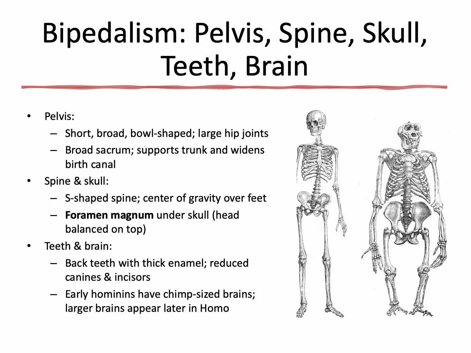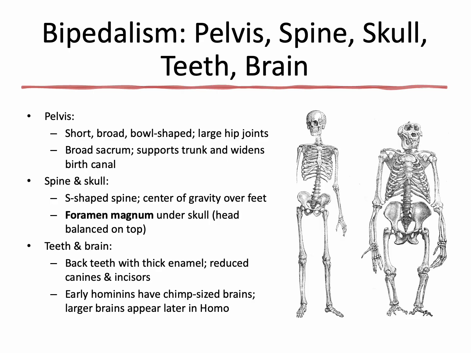In habitual bipeds, the foramen magnum moves to a more central position on the base of the skull, which allows the head to balance on top of the spine. That change reduces the muscular effort that's needed to hold the head up and is one of the key indicators that paleoanthropologists use to infer bipedal posture from fossil skulls.